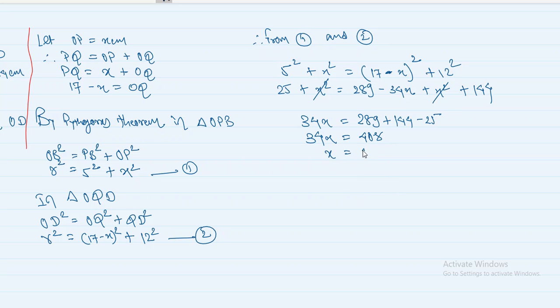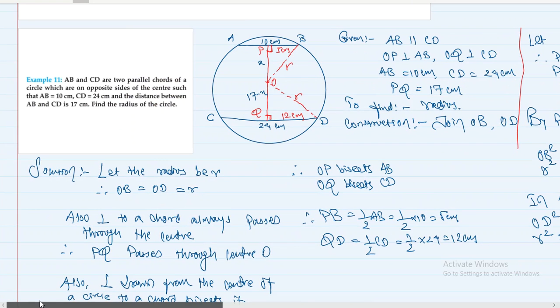So x is equal to 408 divided by 34, which is 12 centimeter. So x is 12 centimeter. I'll show you what is x. X is over here, which is 12 centimeter.